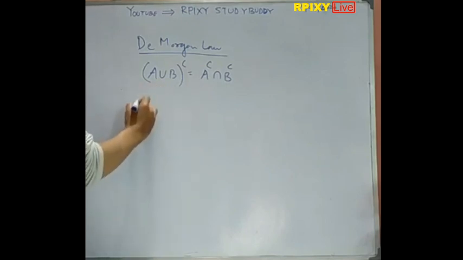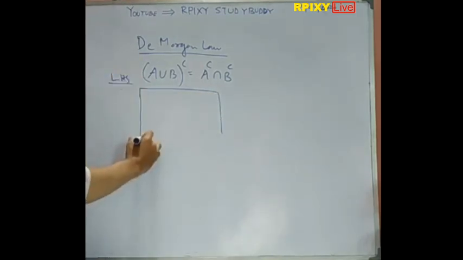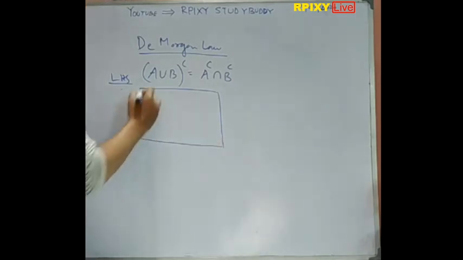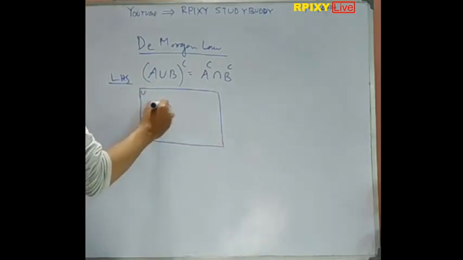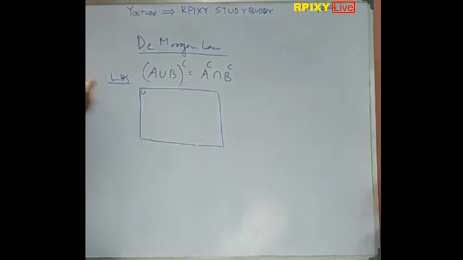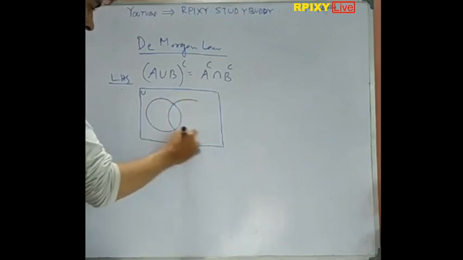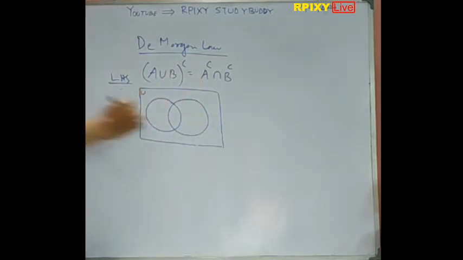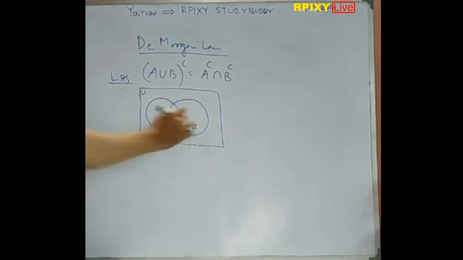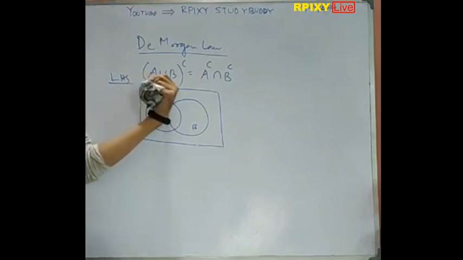For that I am drawing two Venn diagrams. For the left hand side I am drawing two Venn diagrams. This is the universal set, this is set A, this is set B. Now first, what is inside the bracket?